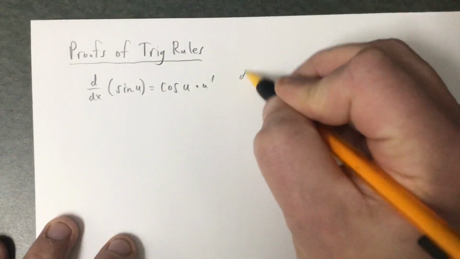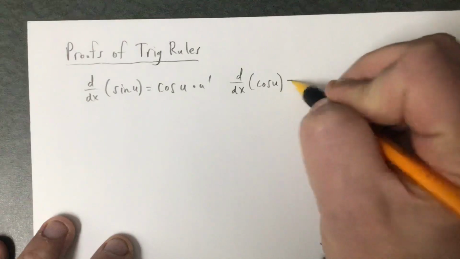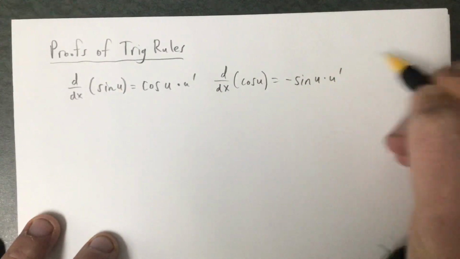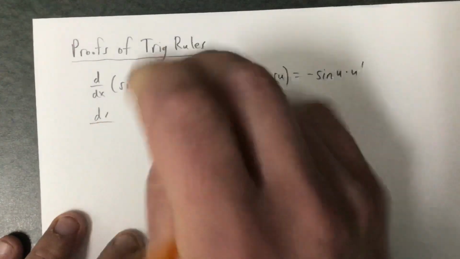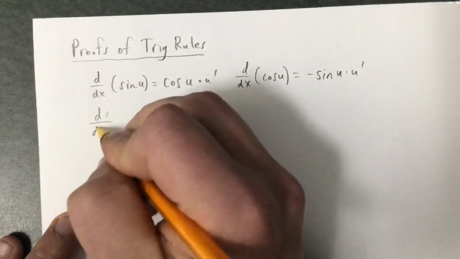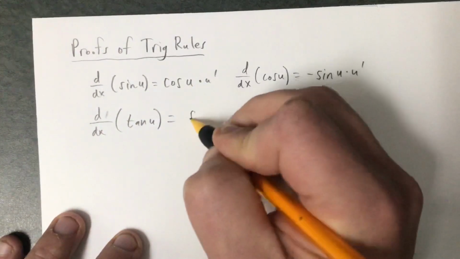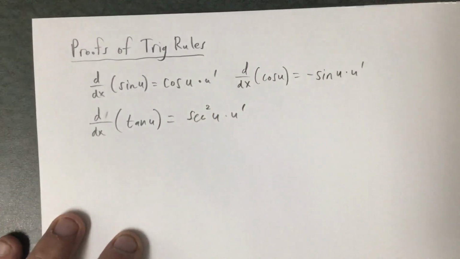We know the derivative of cosine of u is equal to negative sine u times u prime. And we know the derivative of tangent u is going to be secant squared u times u prime.